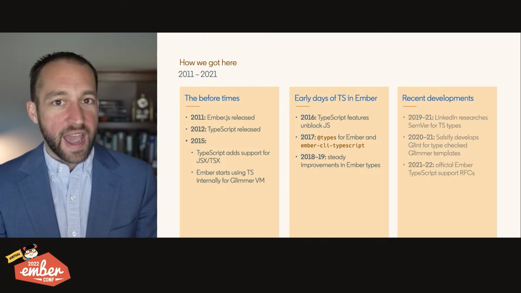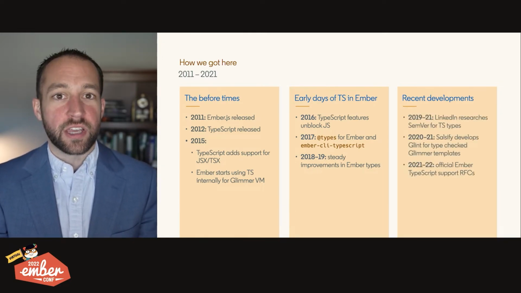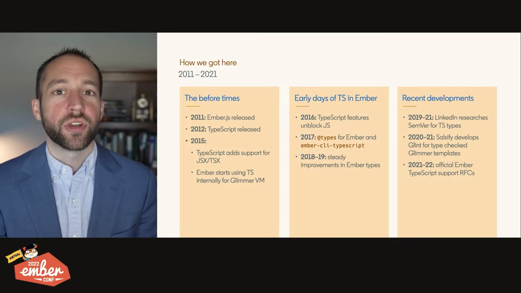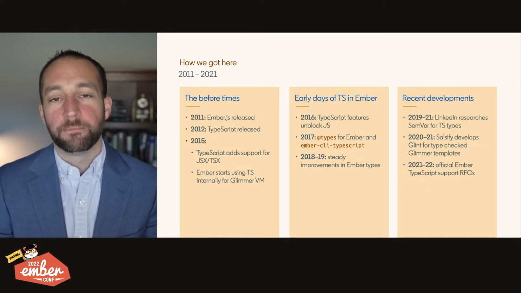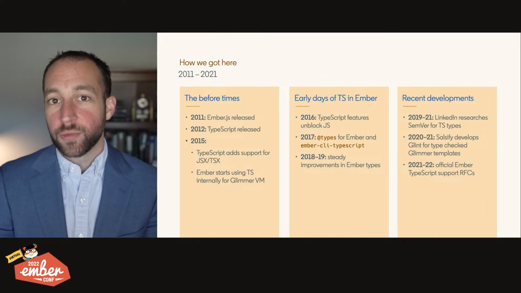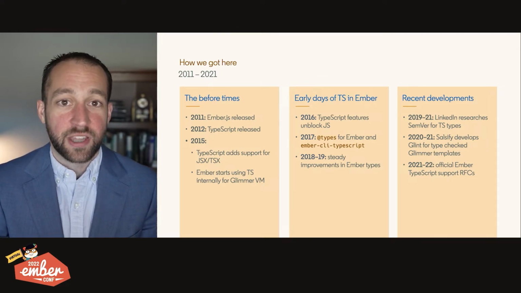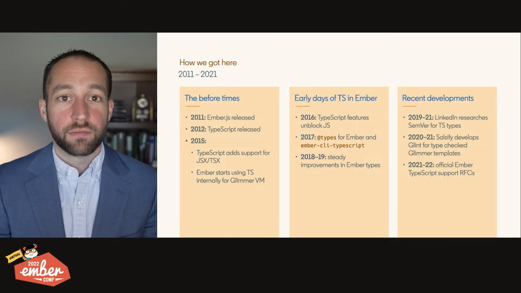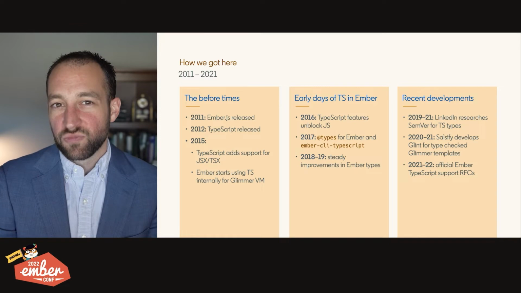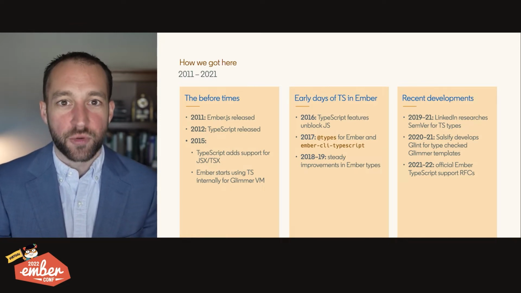But there were some gaps, and so in the intervening years since then, recent history, we've started trying to address them. One of those gaps was semantic versioning. We're going to spend a bunch of time on this, so for now I'll just let it be said that starting in 2019, LinkedIn was really researching hard how can we solve the semantic versioning in TypeScript problem.